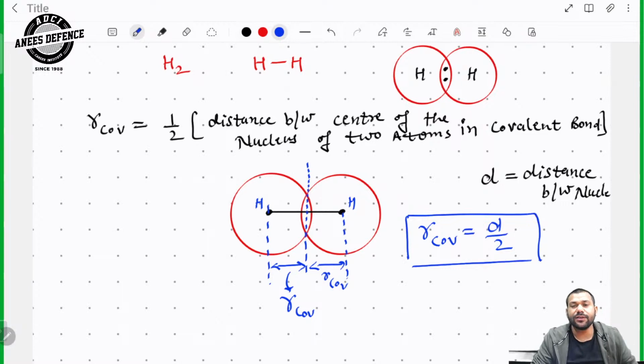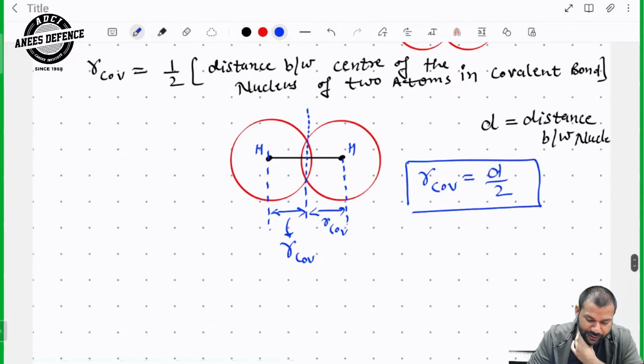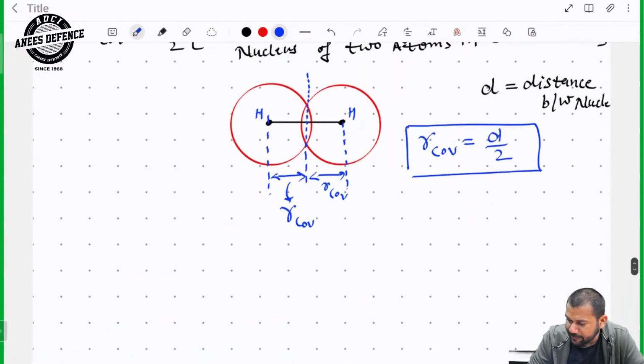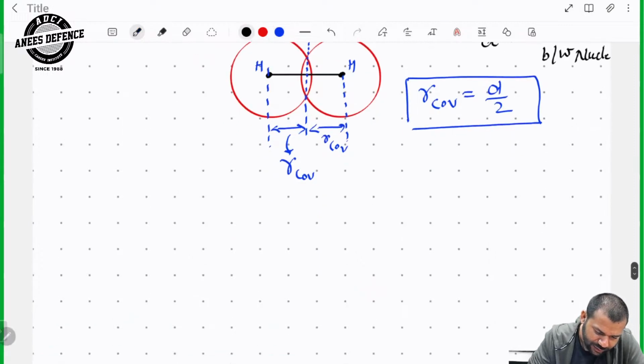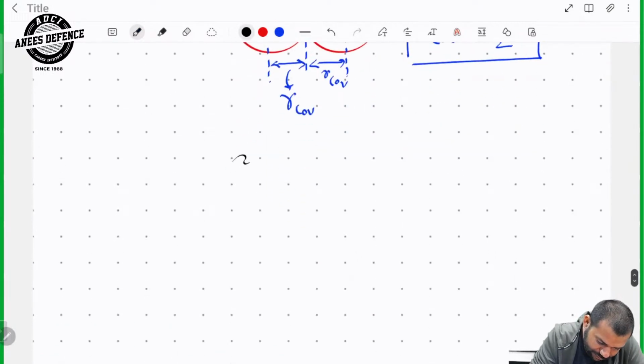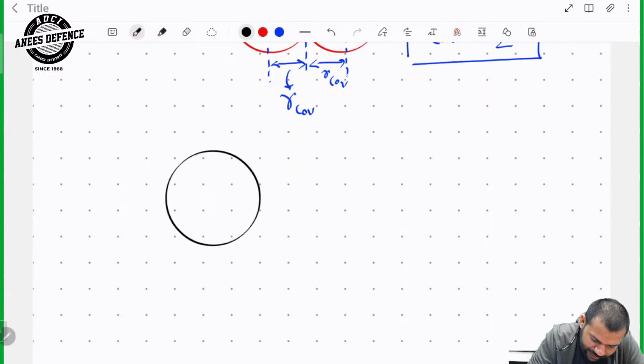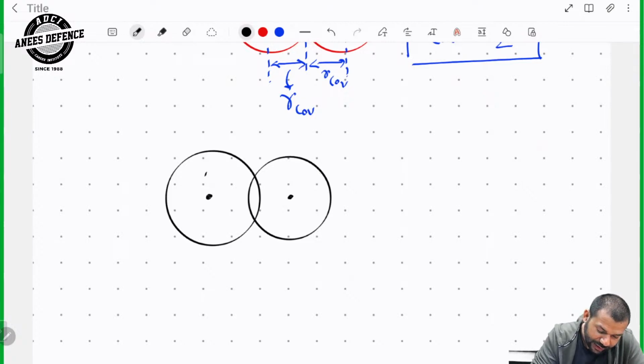And what is D? D is the distance between the centers of the nuclei of two atoms which are covalently bonded, right? It will also be true for any two atoms. Like we have an A atom and a B atom. This is the nucleus of atom A, and the nucleus of atom B. So the distance between the nuclei will be this one, and its half will be like this.